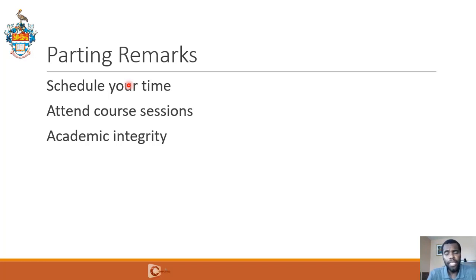Another point is academic integrity. Over the last 2 years in particular, we've seen very serious problems with academic integrity. In fact, some students have been found guilty of violating the university's regulations on academic integrity.